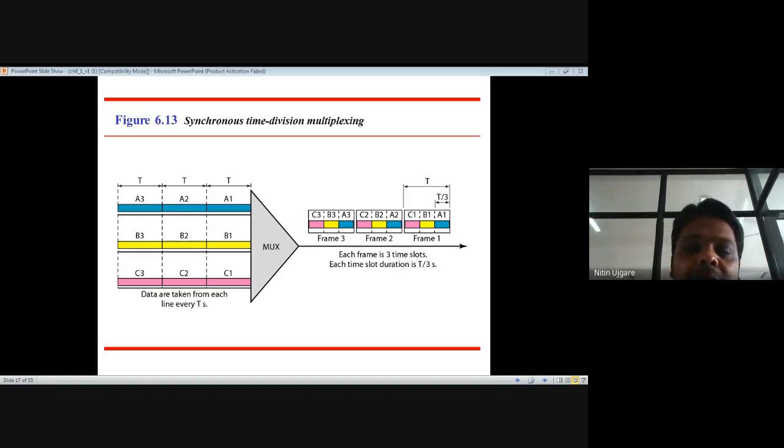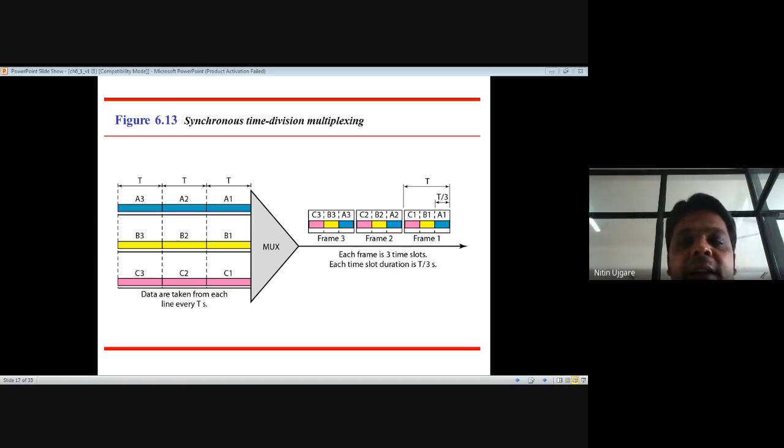In synchronous time division multiplexing, the data rate of the link is n times faster and the unit duration is n times shorter. And that's the reason time division multiplexing is widely used for the transmission of digital data over a communication link. The rate of transmission is always greater than the rate of transmission in frequency division multiplexing.